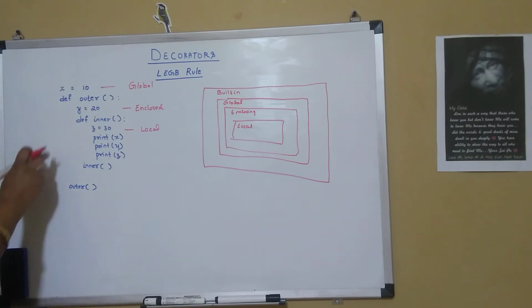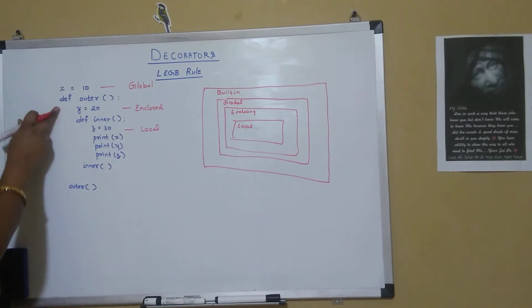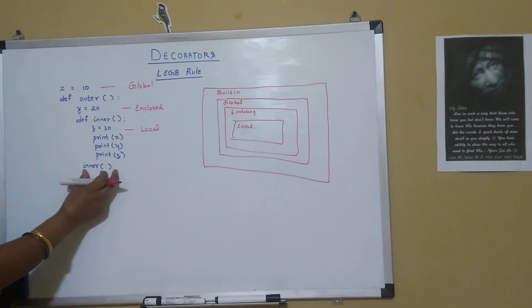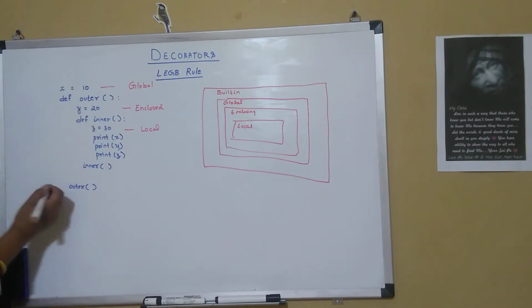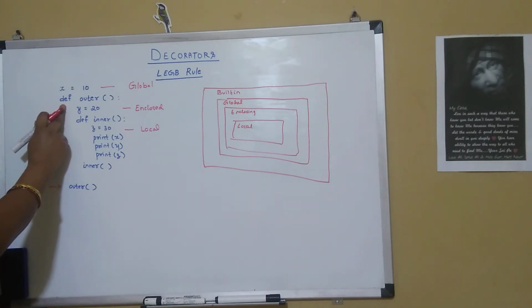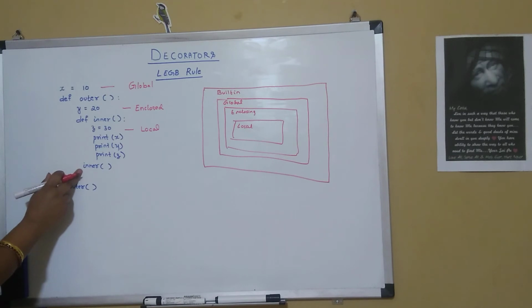So this is a function definition. Even this is a function definition. It does not get called. And since this is a part of our outer function, even this does not get called. Initially, the cursor comes to outer. This is the call for the outer function. So it enters into the outer function and it returns the inner function.